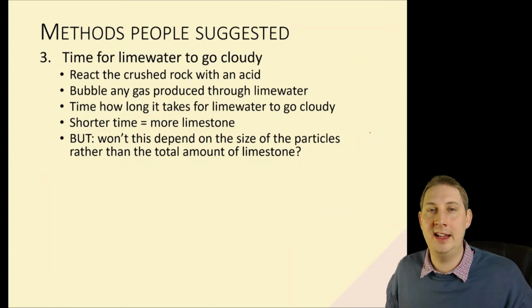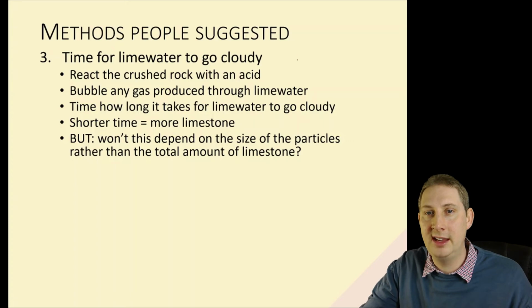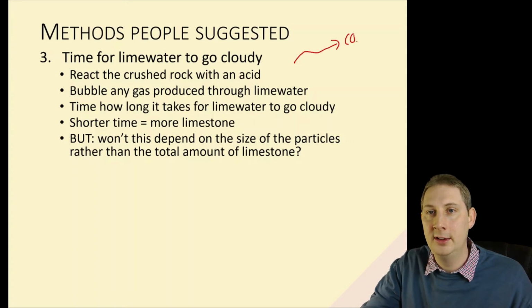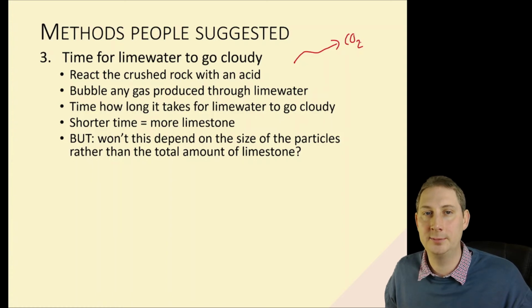Another one that was fairly common, again, people realising that the reaction is giving off carbon dioxide, was using lime water to test for it. So react the crushed rock with an acid, bubble any gas produced through lime water. However, most people then said, time how long it takes for lime water to go cloudy. And I presume that they meant that the shorter time it takes, the more limestone there is.